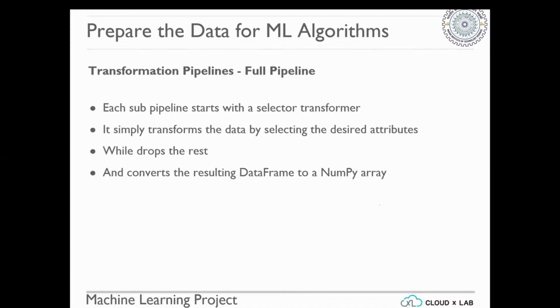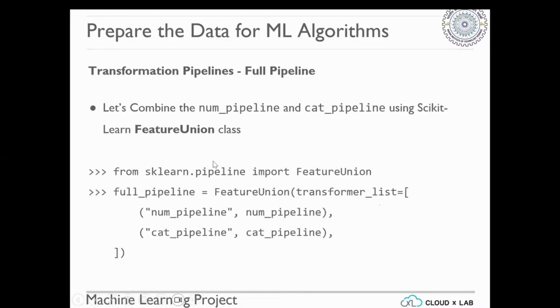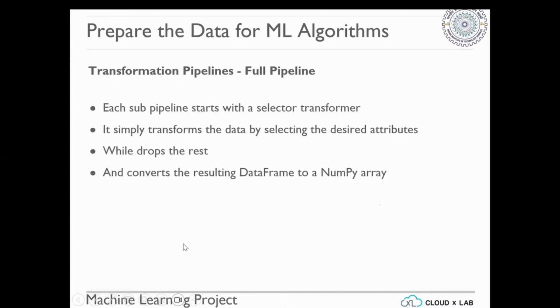Yes. So what this feature union class will do, it will execute these two pipelines, right? So each sub pipeline starts with a select transformer, and it simply transforms the data by selecting desired attributes, right?